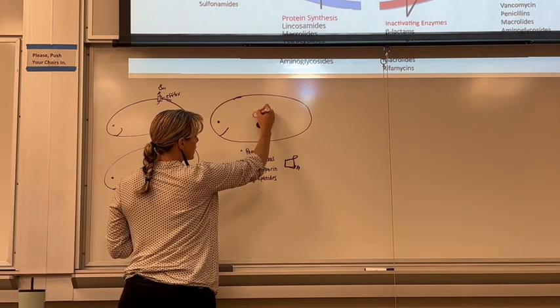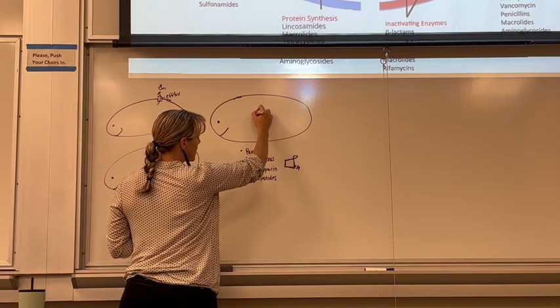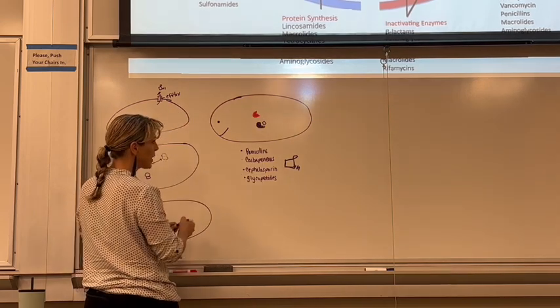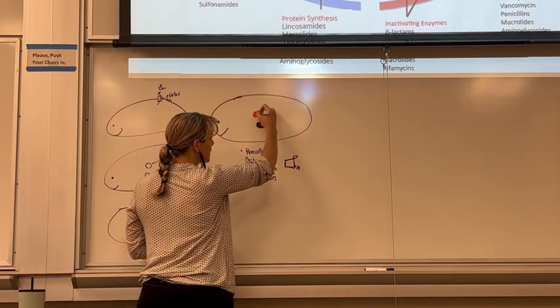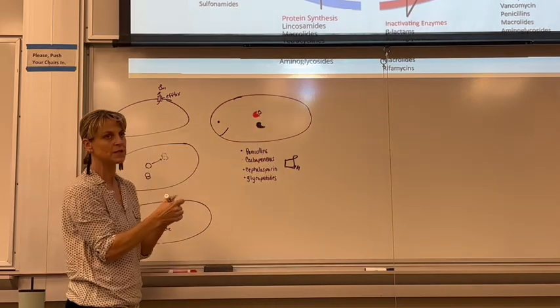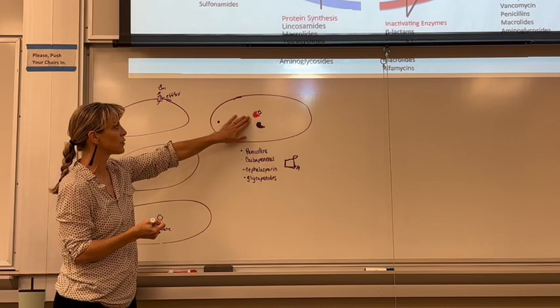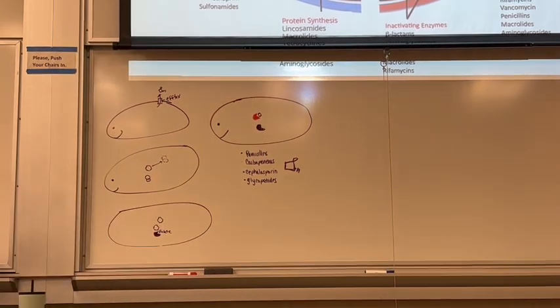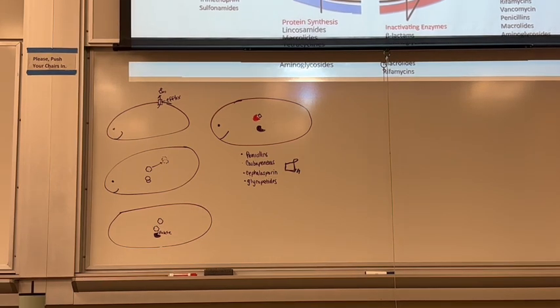That's the beta-lactamase, the enzyme that breaks up beta-lactam. So now the bacterial transpeptidase can go do its thing. So those are the four different methods that we know of. There are other ones, but these are the main ones that occur fairly frequently.